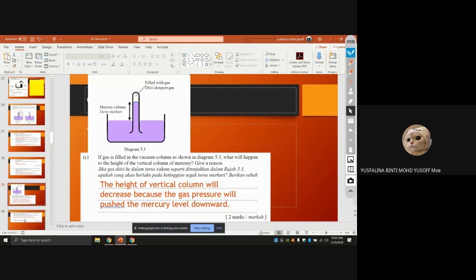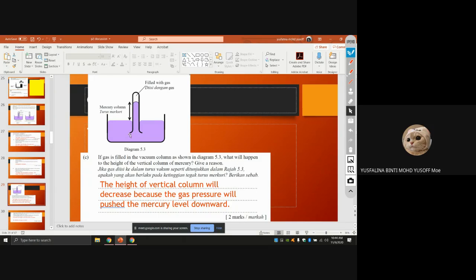Then the next question is, if a gas is filled in the vacuum column as shown in diagram 5.3, what will happen to the height of the vertical column of mercury? Before this, you know that this part is vacuum, so there is no gas exerting pressure on the mercury column inside the tube.